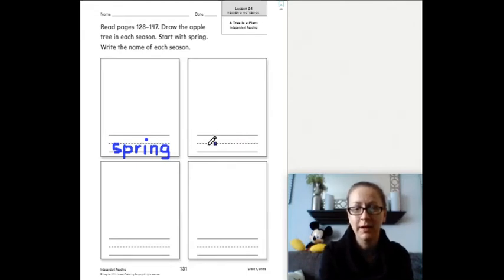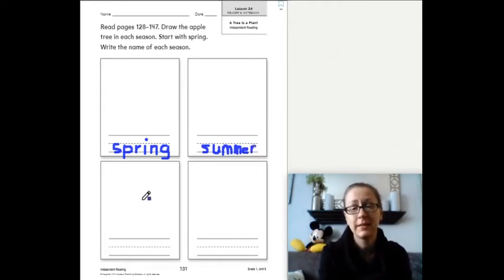So we're going to put summer in the next box. So we have S, U, M, M, E, R for summer. Make sure to try and write as neatly as you can.